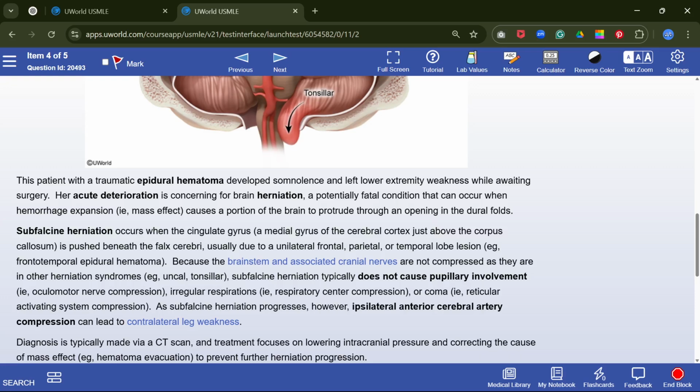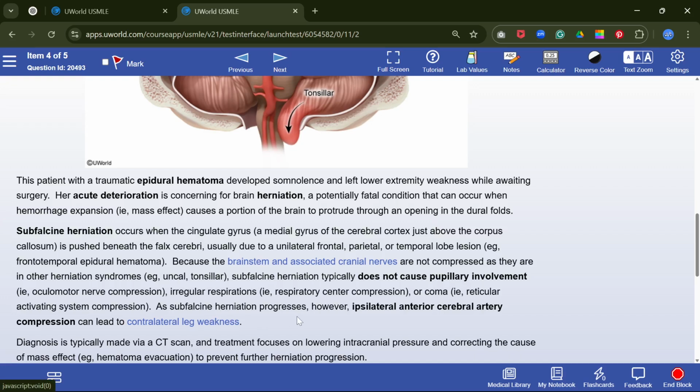Because the brainstem and associated cranial nerves are not compressed in this herniation, there is no irregular respiration, no coma due to reticular activating system compression, and no pupillary involvement.